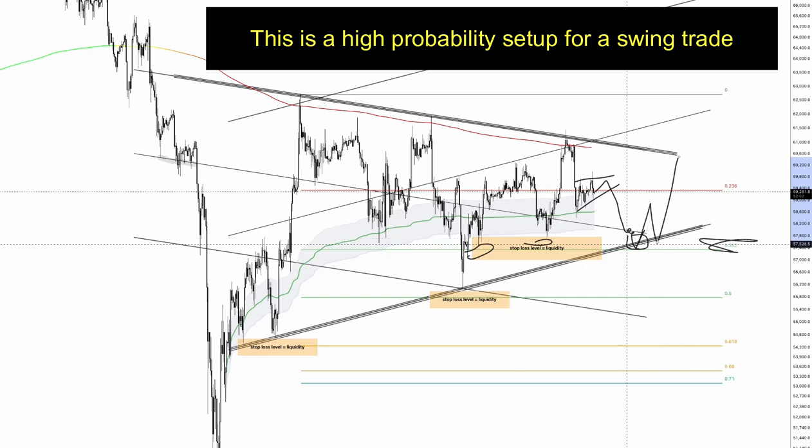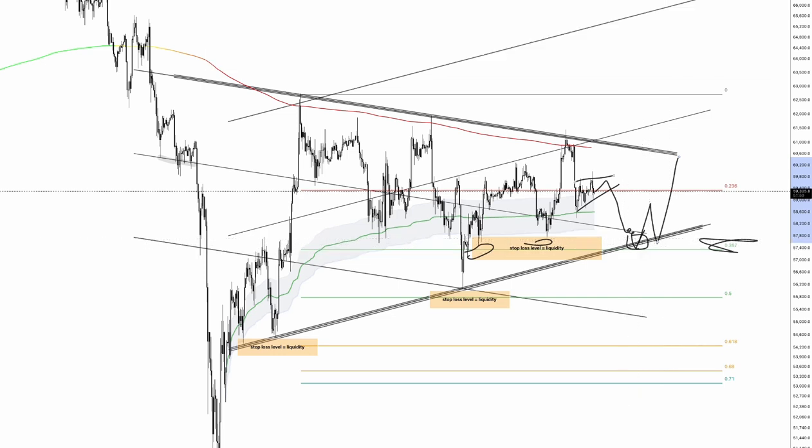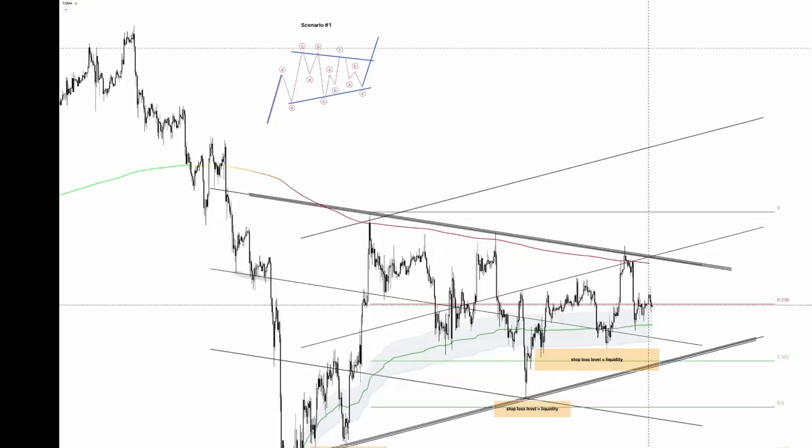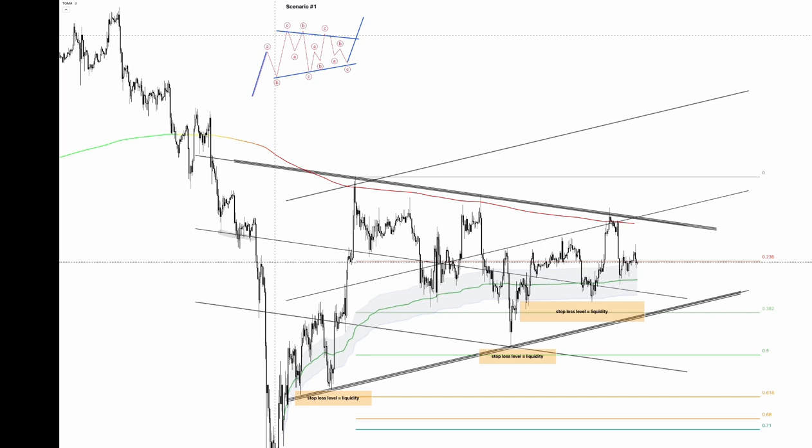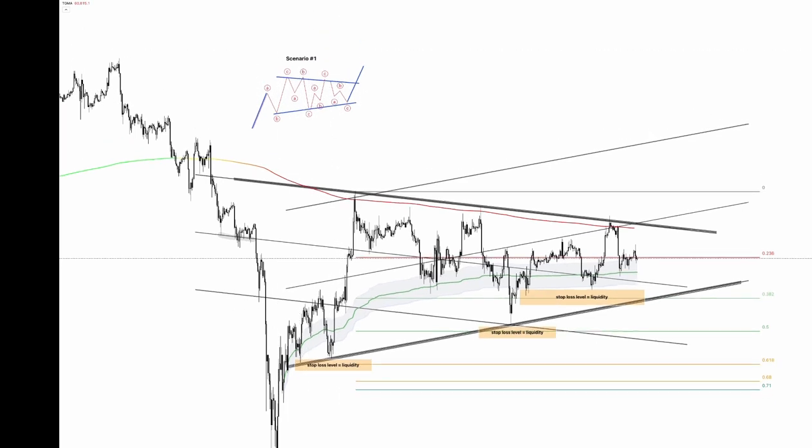Now we're going to look for other confluences, and let's talk about the triangle scenario, how this works. When you look at triangles, you've got to think of liquidity as well. So we have three models here. Let's bring them out. Scenario one is very common. Here we go. Scenario one, where if you look at this triangle, price comes up, finds a base, and then ranges for a continuation pattern.